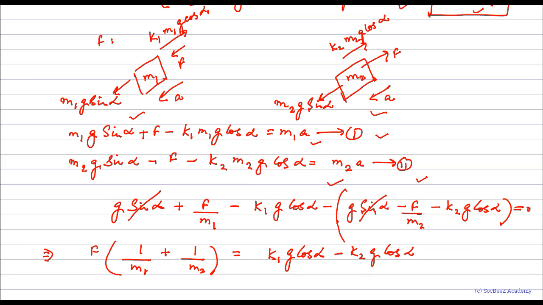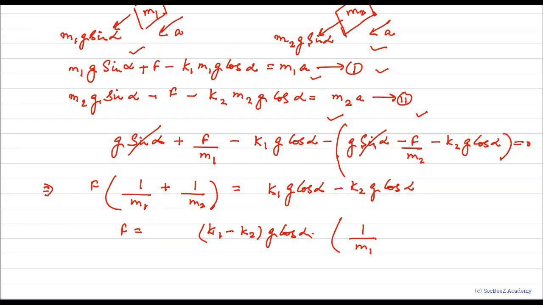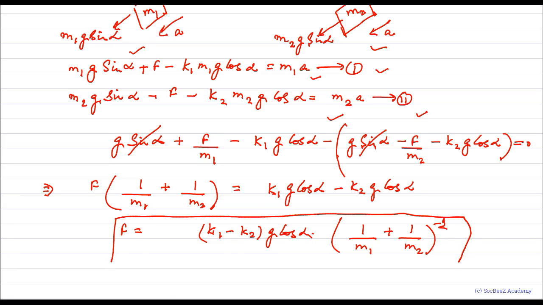Okay, so from where I get my expression of f as k1 minus k2 into g cos of alpha into 1 by m1 plus 1 by m2 inverse. Okay, so this is going to be my force of interaction between the two bodies during the process of motion.